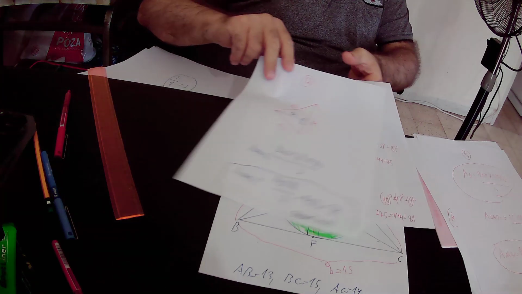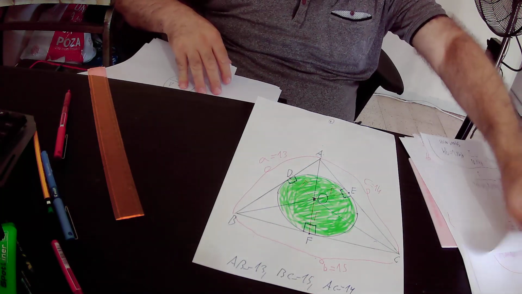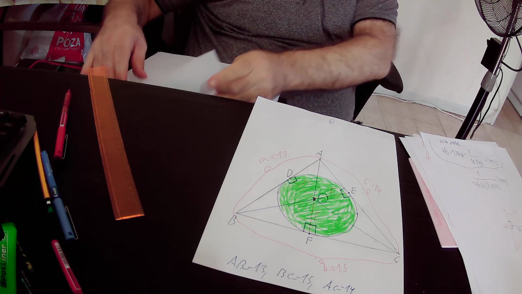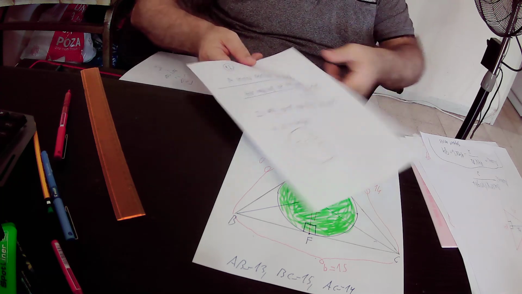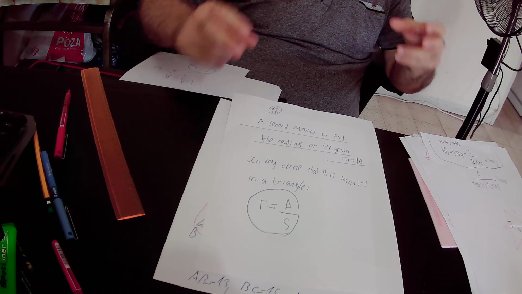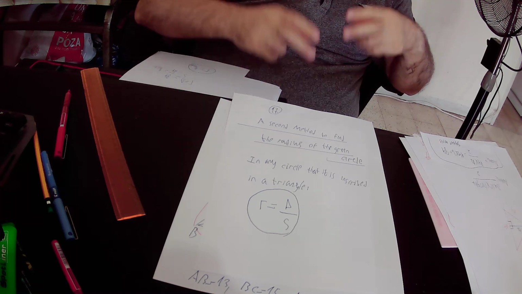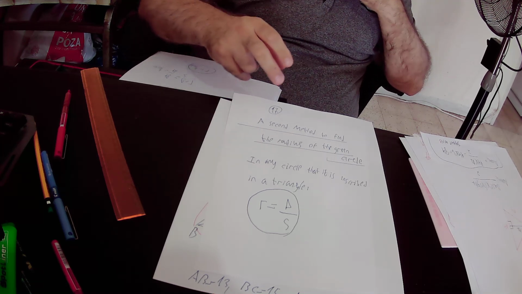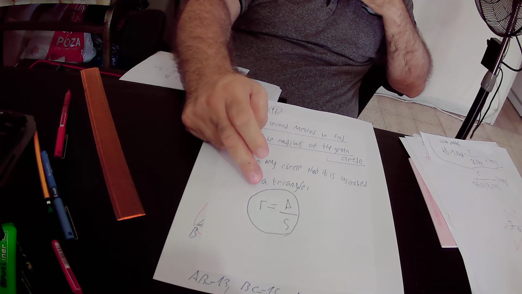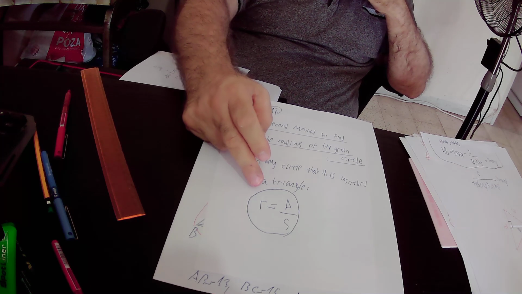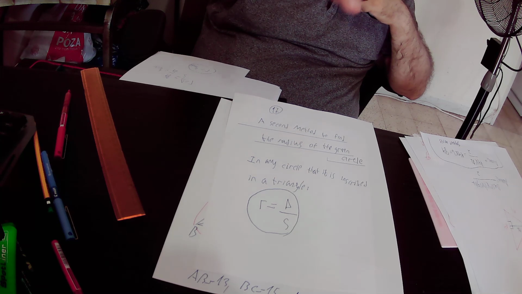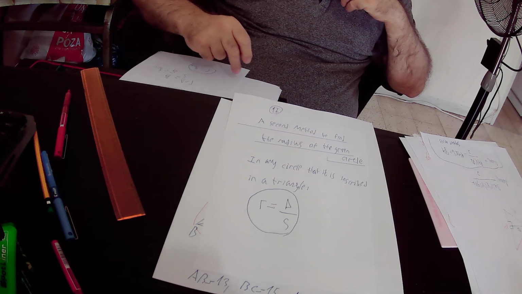Okay, and then I presented to you a second method to find the radius of the green circle. Actually, for any circle that is inscribed inside a triangle, we can use the formula that the radius of the inscribed circle equals the area of the triangle over the semi-perimeter of the triangle that contains the circle.